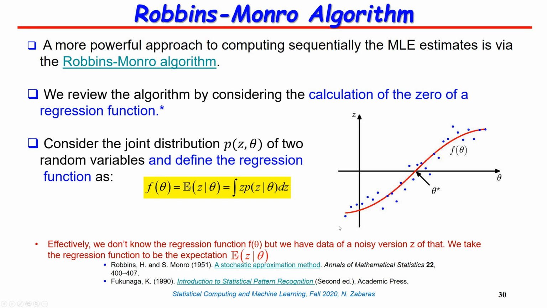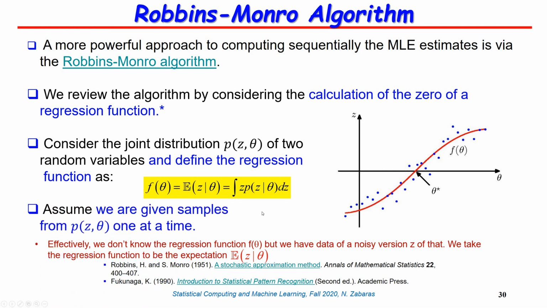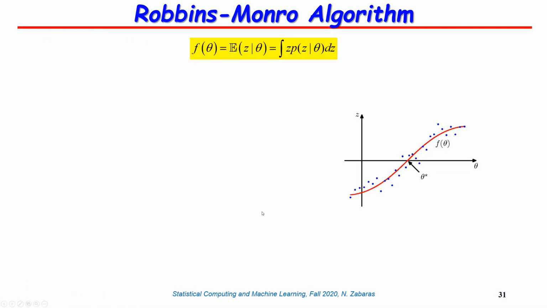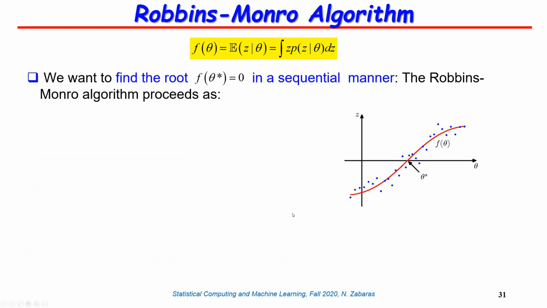We need to be able, from samples alone, to sequentially compute updates for the parameters theta without having access to this red function. So how does the Robbins-Monro algorithm operate in computing the zero of this function in this setting?